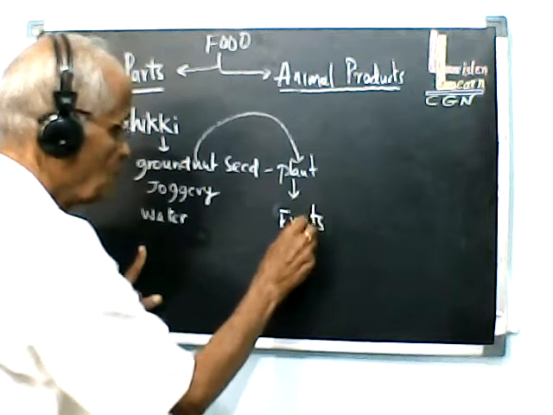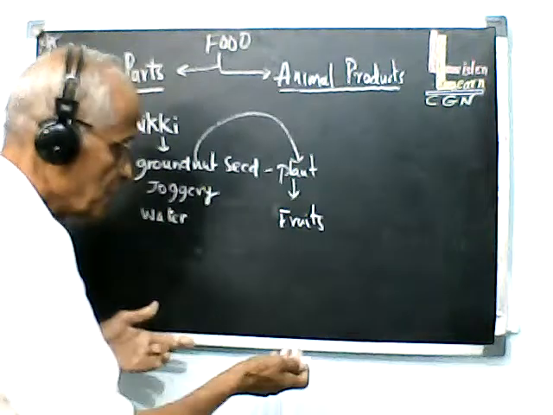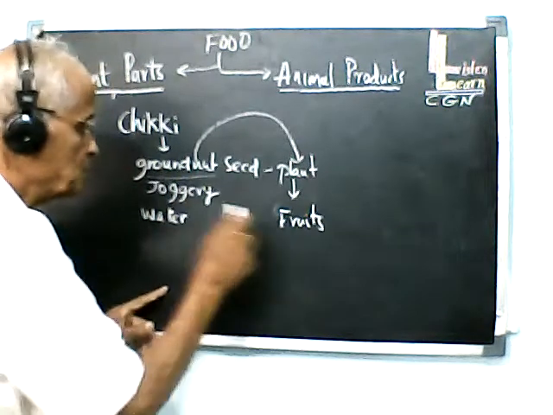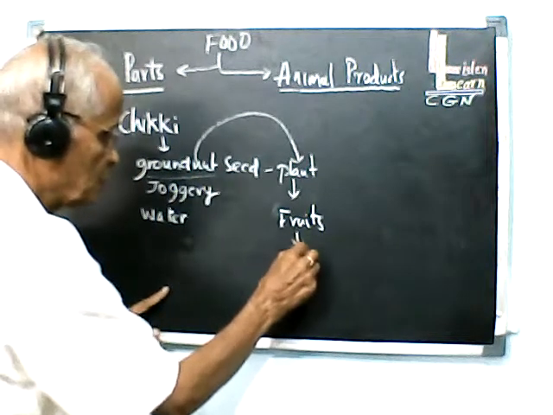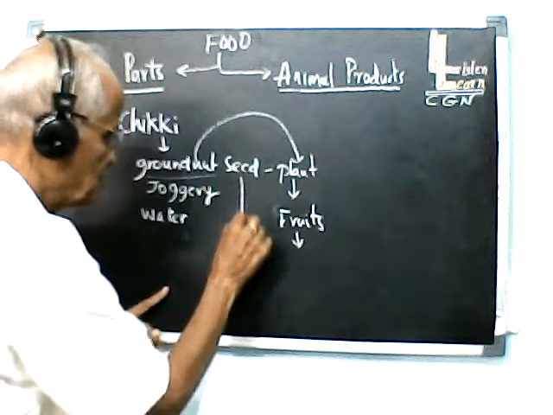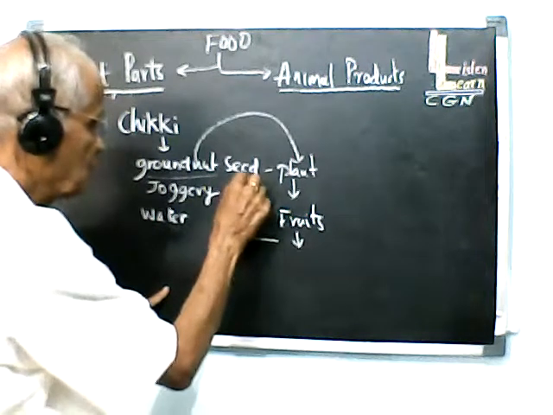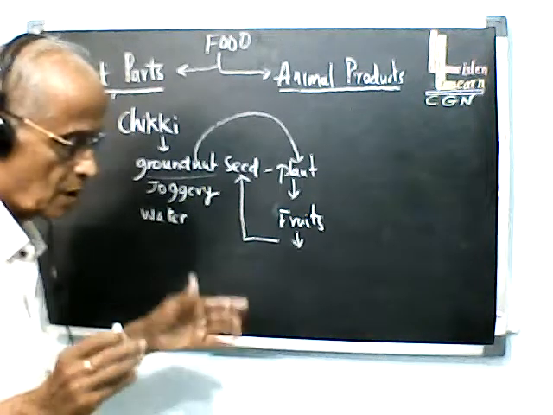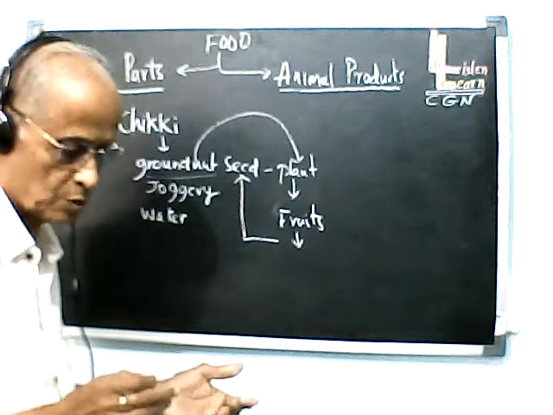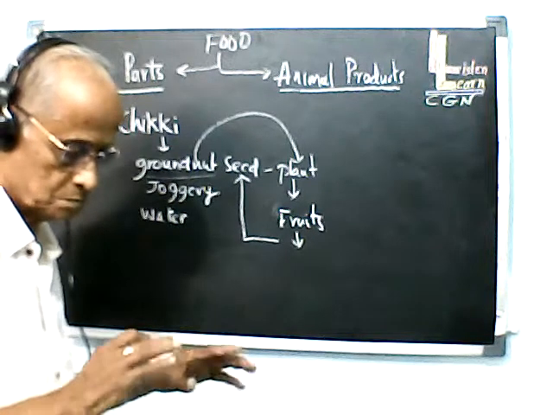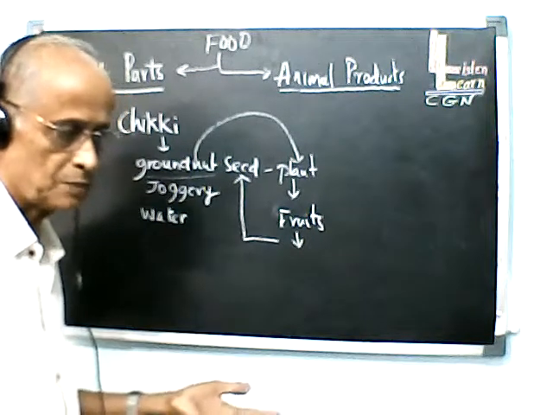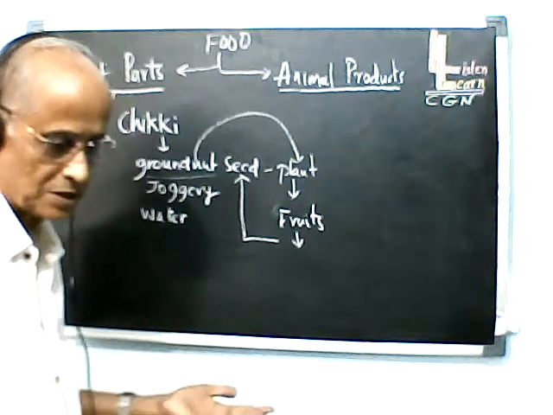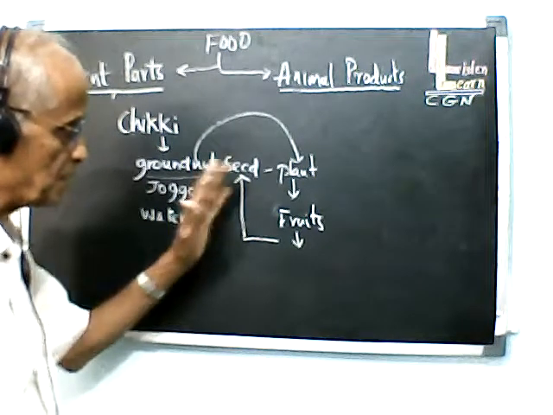Fruits are grown under the soil, therefore they are called groundnuts. When you open the fruits, you get the seeds. So groundnut seeds are the part. In case of groundnut plant, leaf is not eaten, stem is not eaten. So only some parts are edible.